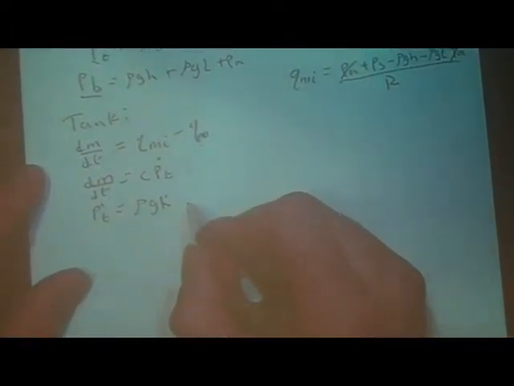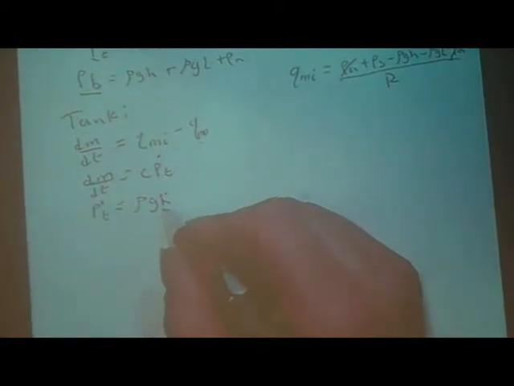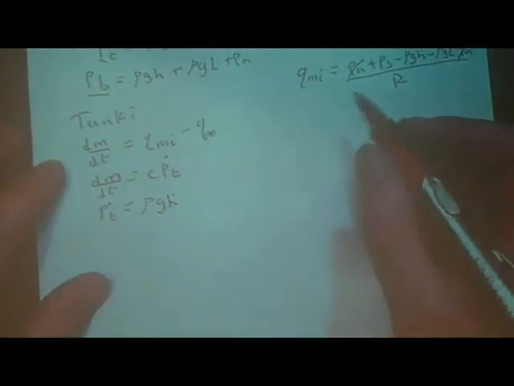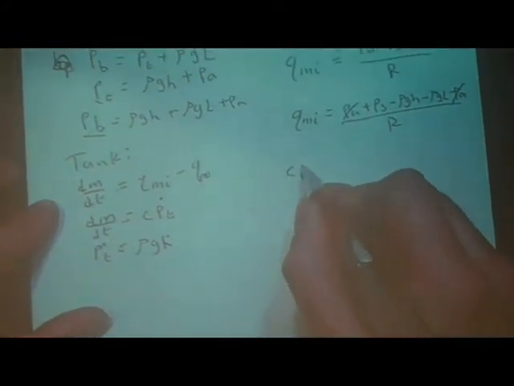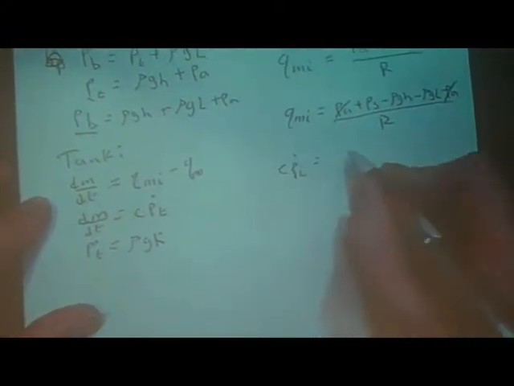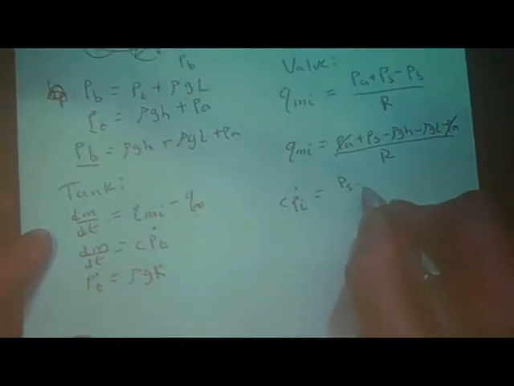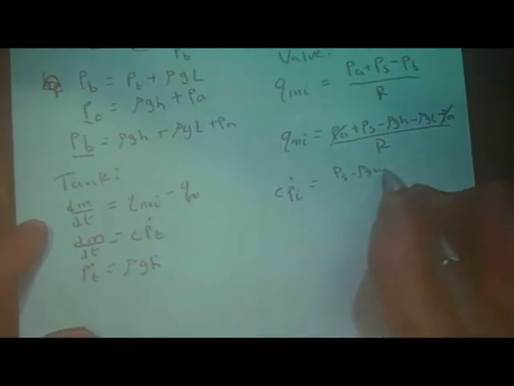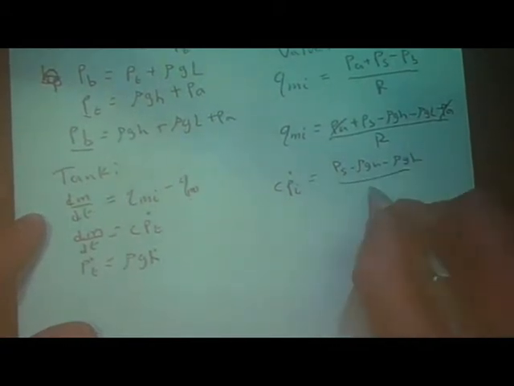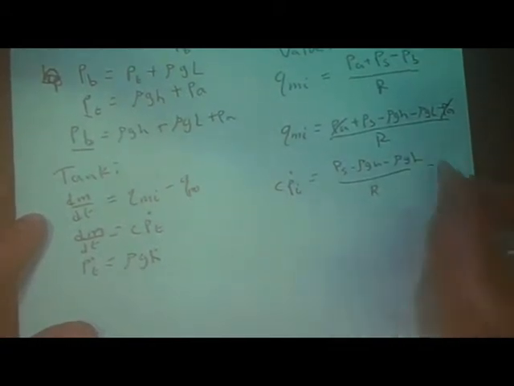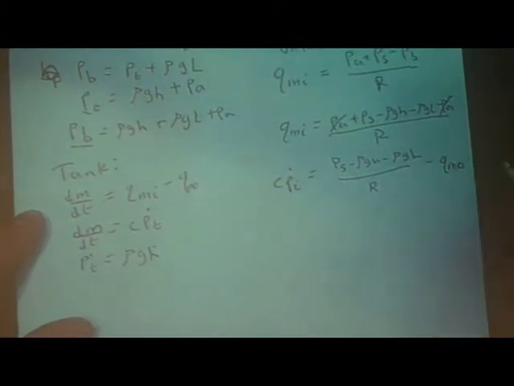So now that we know what rho GH dot equals, we can plug it back into our original equation and we can get C PT dot equals PS minus rho GH minus rho GL all over R minus Q mass flow rate out.